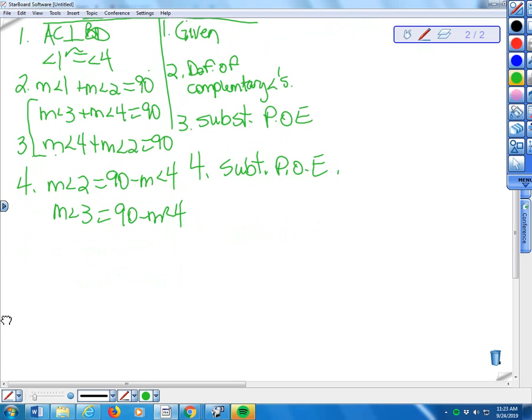Now, if angle 2 is 90 minus angle 4, and 90 minus angle 4 is angle 3, what allows me to say angle 2 is equal to angle 3? What property? Vertical angle property? There's no vertical angles in this drawing.